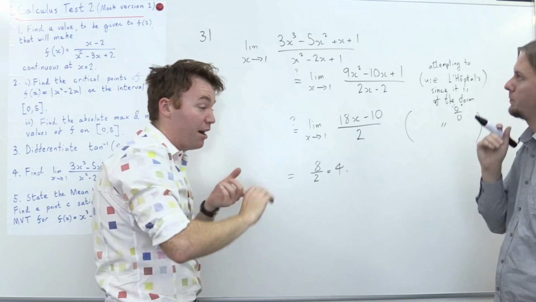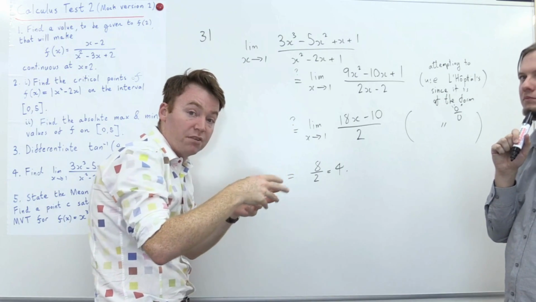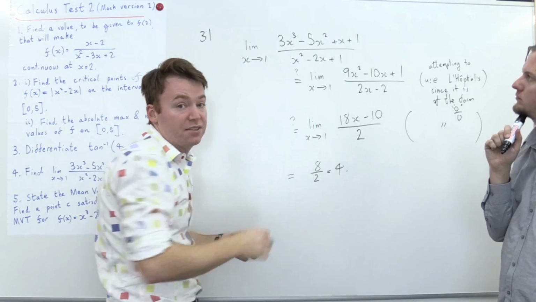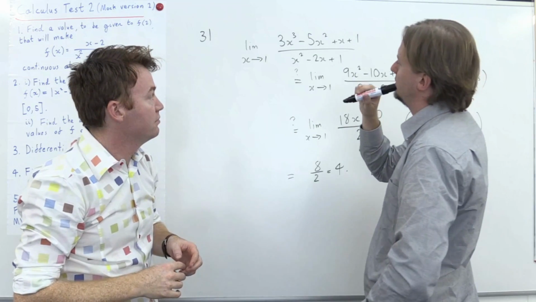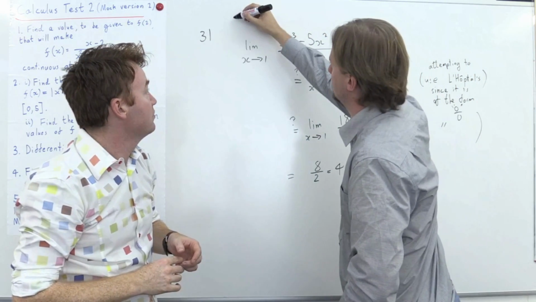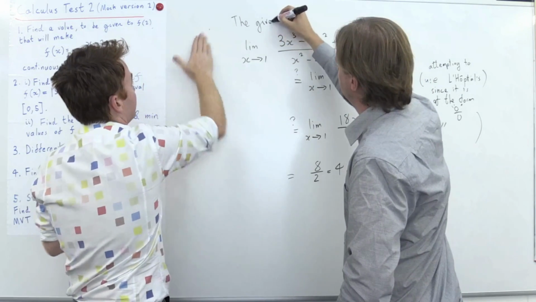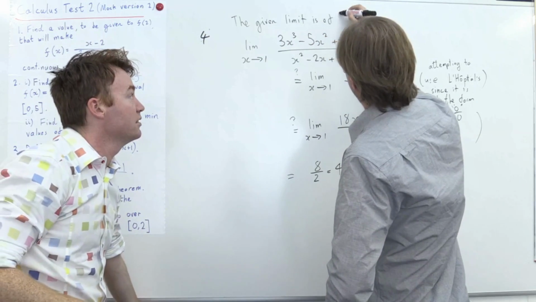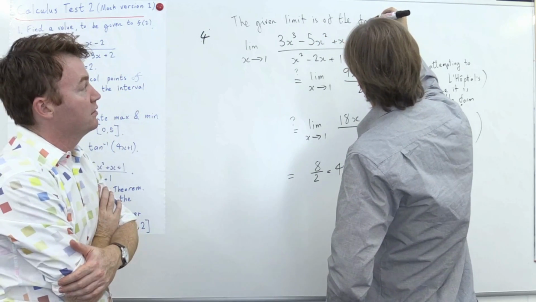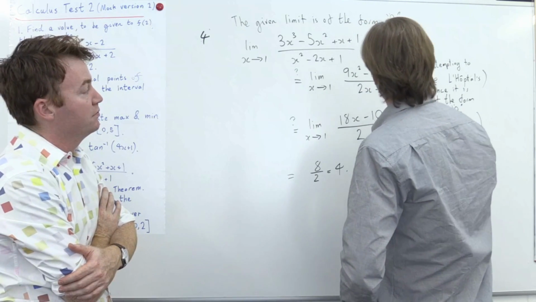There are conditions. You have to have a function of the right form, 0 over 0 or infinity over infinity, and this second limit has to exist. So if I was to write it more cleanly, I could say the given limit is of the form 0 over 0.